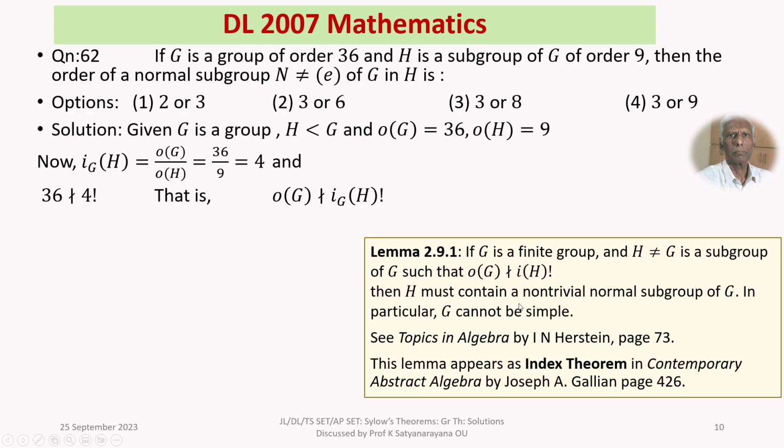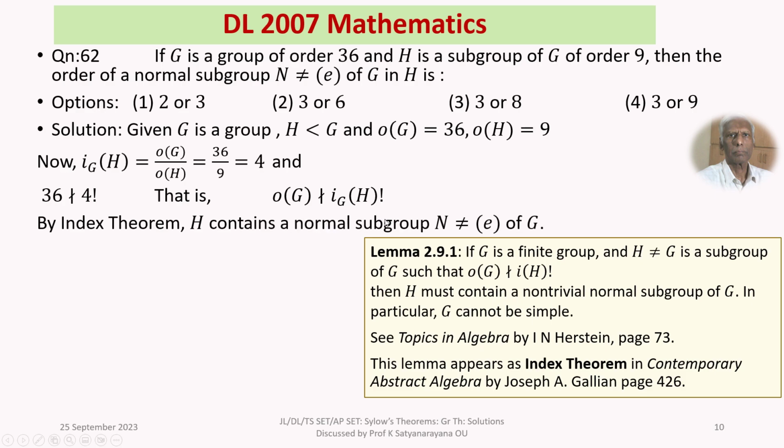H must contain a non-trivial normal subgroup of G. So, by the index theorem, H contains a normal subgroup N not equal to the identity element alone, because non-trivial, of G. This means N is a normal subgroup in G and N is contained in H.